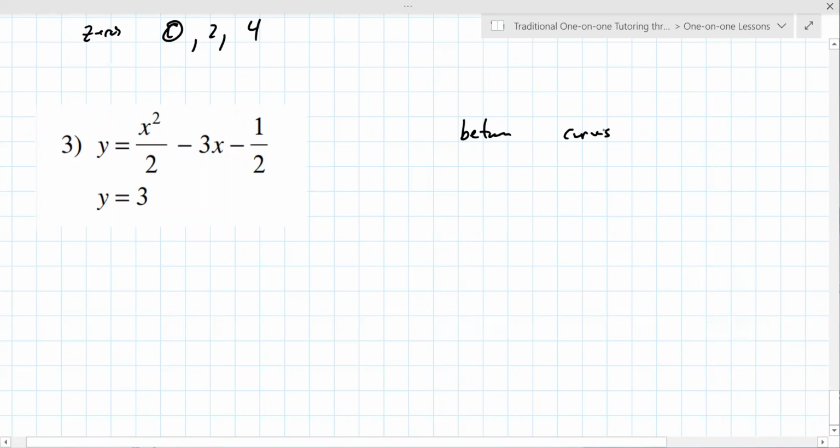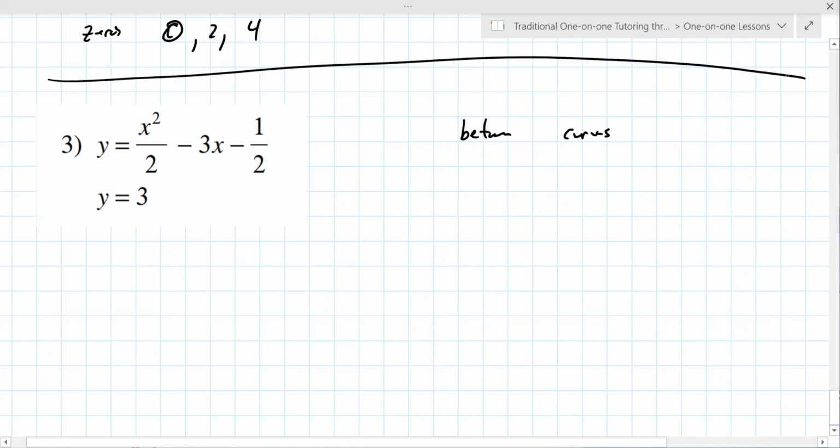Okay, so you start by just setting them equal to each other, right? So 3 minus x squared over 2 minus 3x.